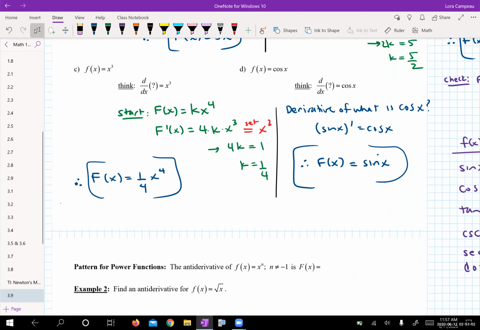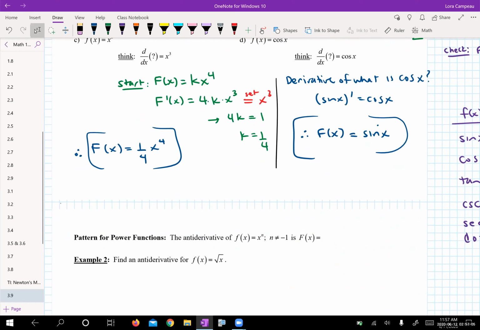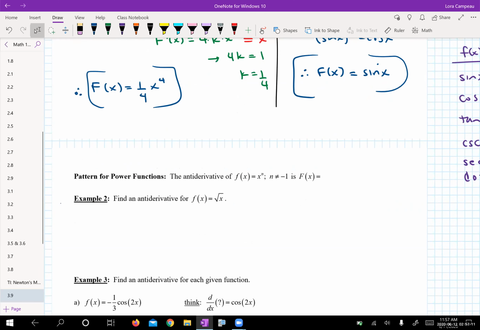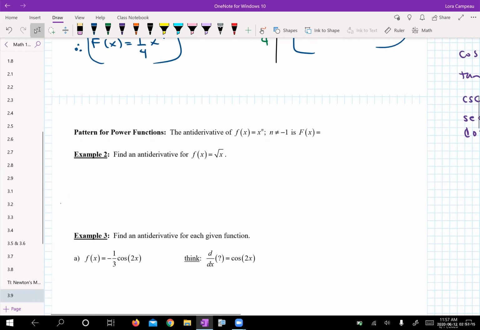Okay, so now that we've thought a little bit about the power functions, I want to give you a formula to help you out. Sometimes you don't have to go through all of this finding the constant if you know the pattern. So the key is understanding anytime you have a power function, that's x taken to an, well, doesn't even have to be an integer, x taken to a real number, as long as that real number is not equal to -1.